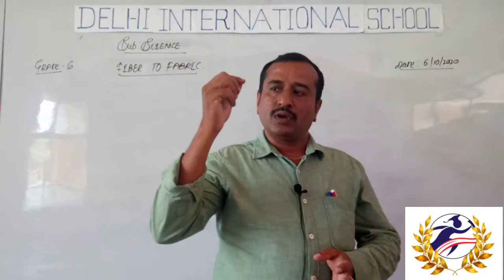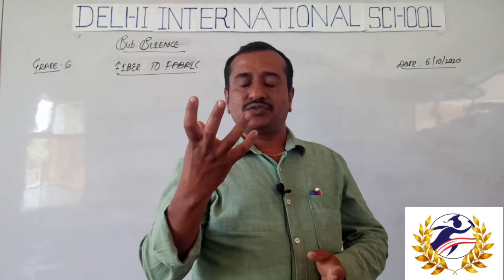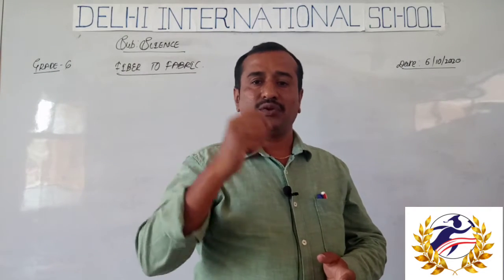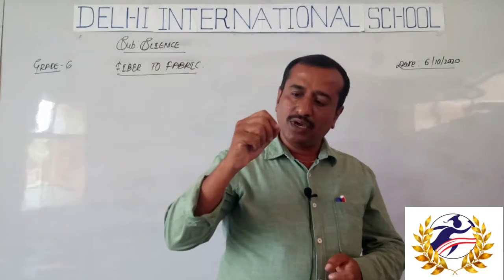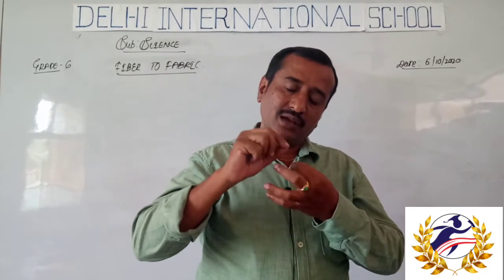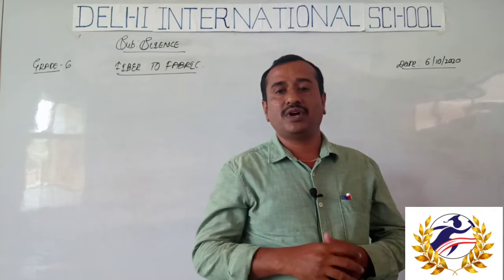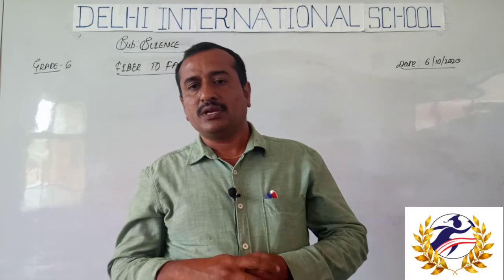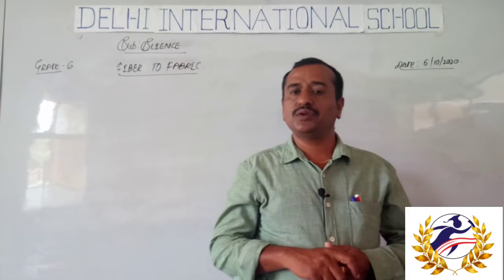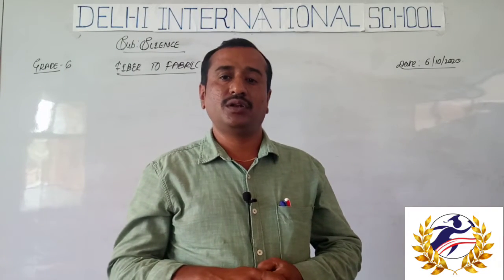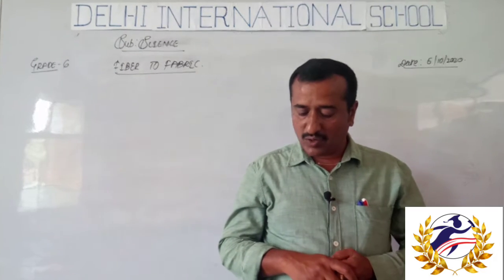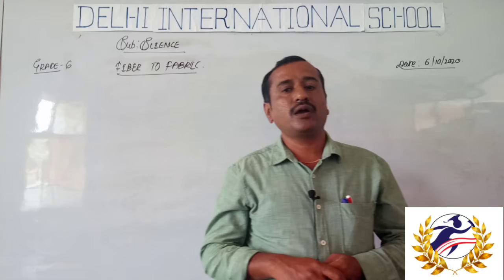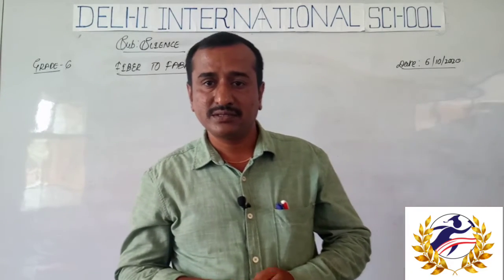When the cover of the cotton fruit is open, what you can observe is that the cotton seeds are surrounded by cotton fibers. These fibers are used in order to prepare cotton fabric, as well as wicks.